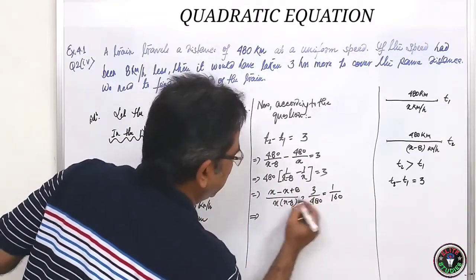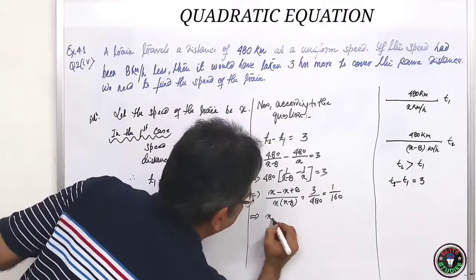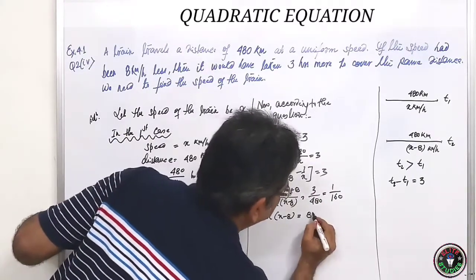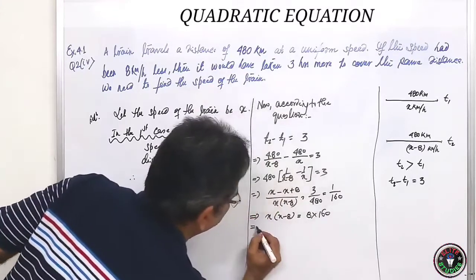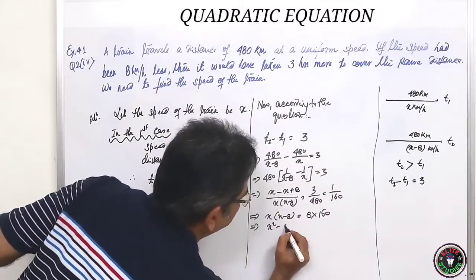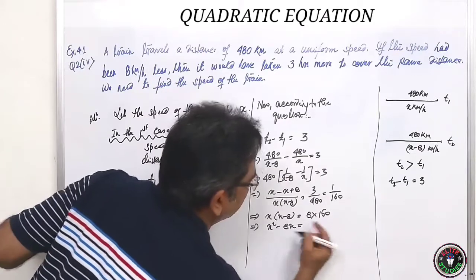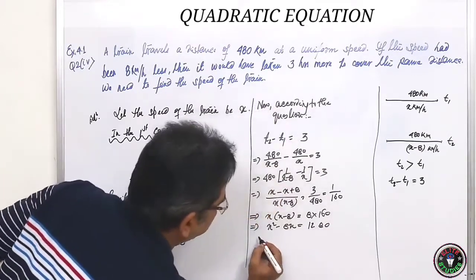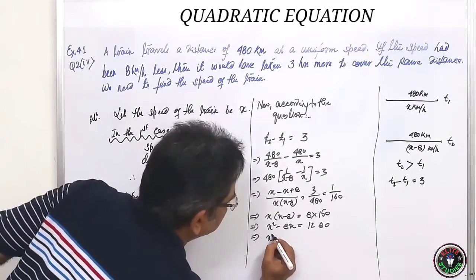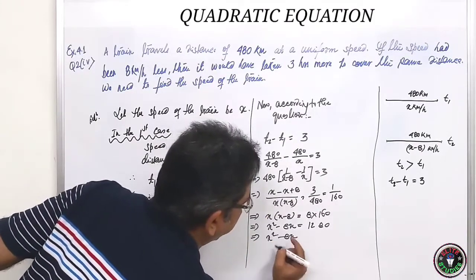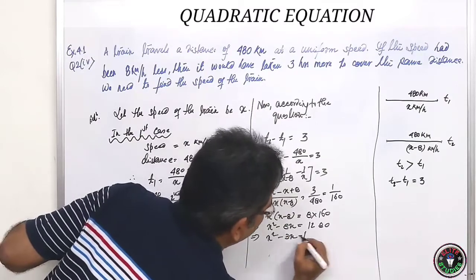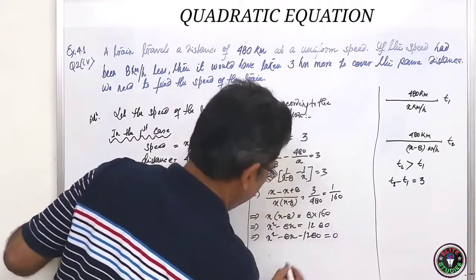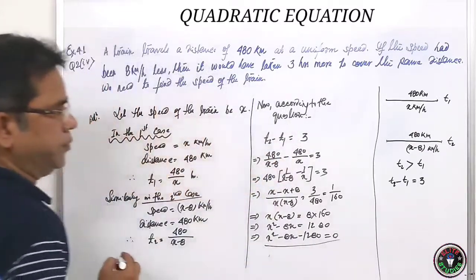So it will be 8 by x into x minus 8, so x into x minus 8 will be equal to 8 into 160. So it will be x square minus 8x equal to 1280. It gives x square minus 8x minus 1280 is equal to 0. We have framed the equation.